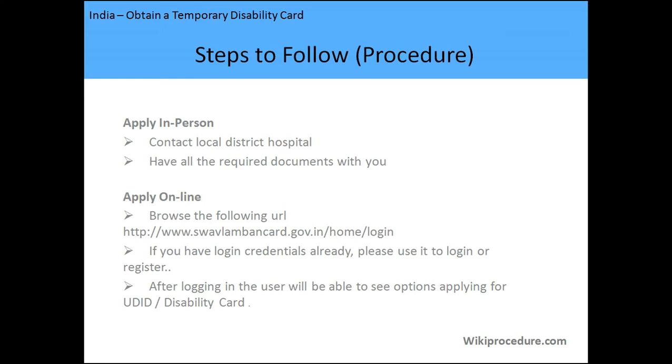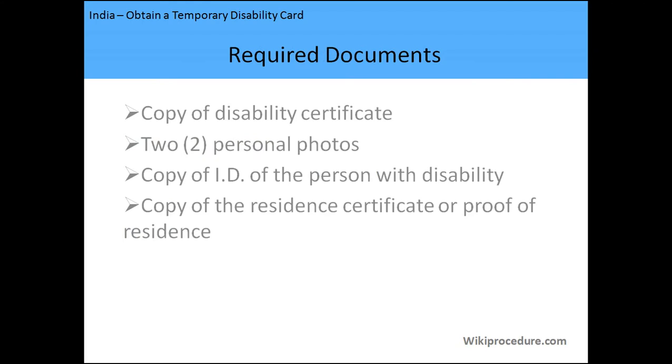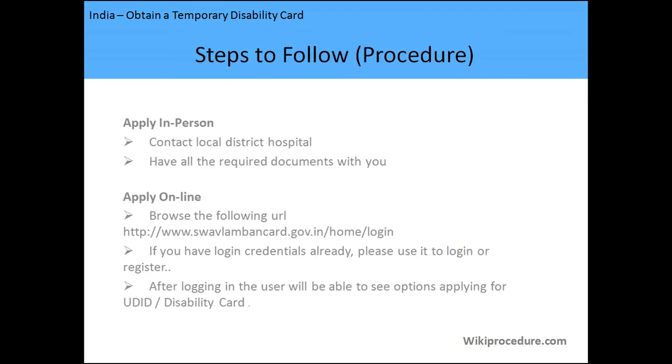But if you're not able to find information from any of these sources, you could also search the internet to find out about your nearest local government district hospitals, and make sure you have all the required documents listed in the previous slides, because you don't want to go a couple of times to the hospital to apply for it.